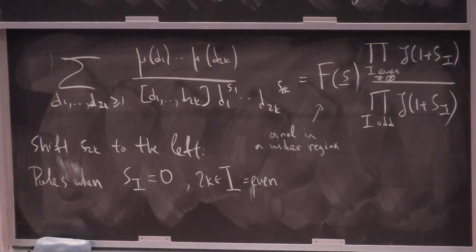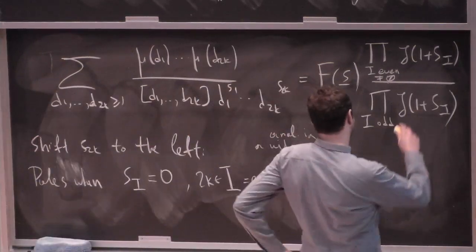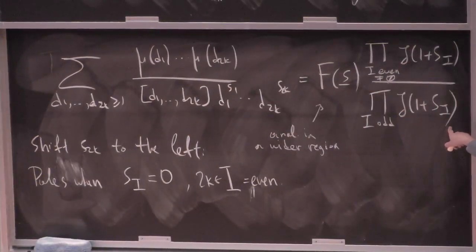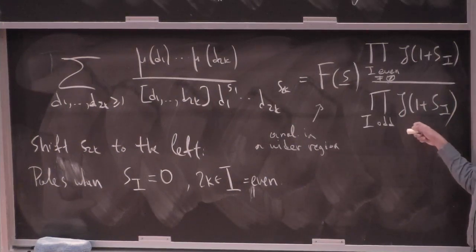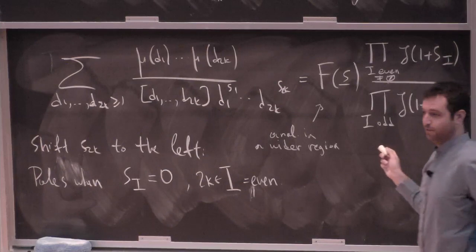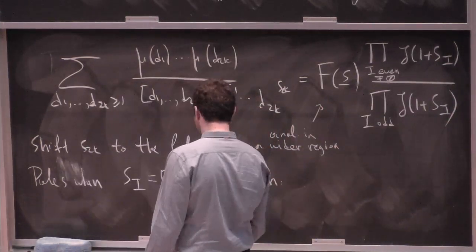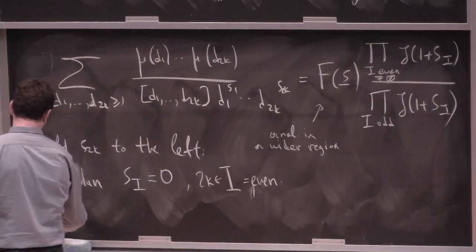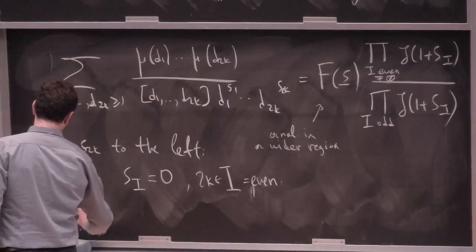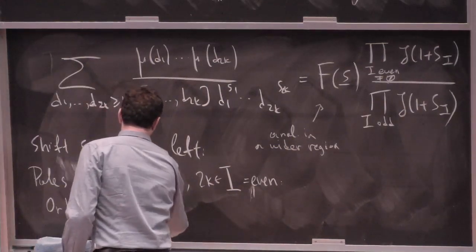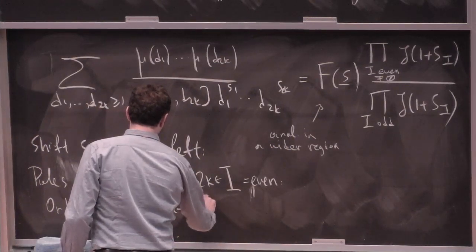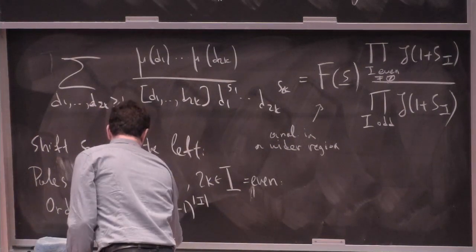Of course, maybe you have a pole because you have poles here, but maybe some of the s_i's vanish in the numerator, in the denominator, so the zeros will annihilate the poles here, and you won't have a pole. So, but in general, the order of the pole would then be what? You have to sum -1 to the |I| over these intervals, right?